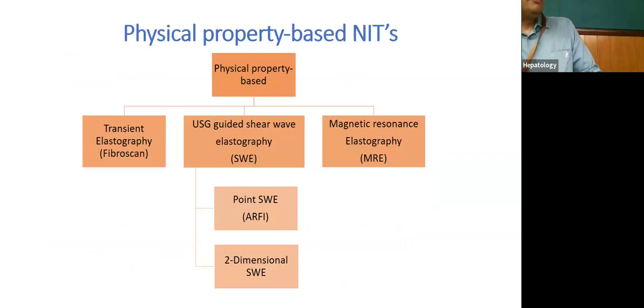Point shear wave elastography is ARFI, acoustic radiation force impulse. And these days, some latest software are available which calculate two-dimensional shear wave elastography. Not readily available everywhere. And the third one uses MRI as a measurement of elastography, what we know as MRE or magnetic resonance elastography. So these 3 categories of tests are available, which are dependent on the physical property of the liver parenchyma.